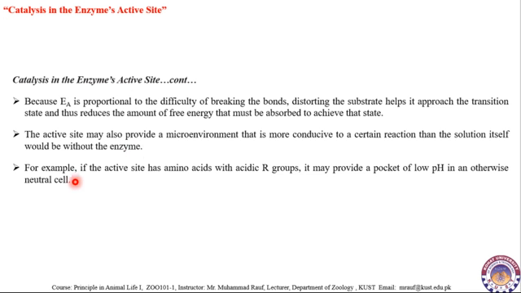So once again, I want to repeat this point, that for example, a reaction which can take place in an acidic environment but the cell is neutral, then enzymes can also provide that acidic environment to such reactions, because for those reactions the enzymes which are usually there have their active sites surrounded by amino acids with acidic R groups.